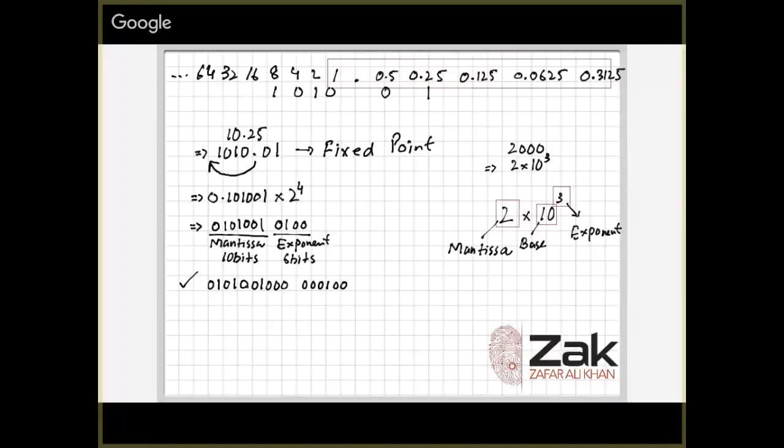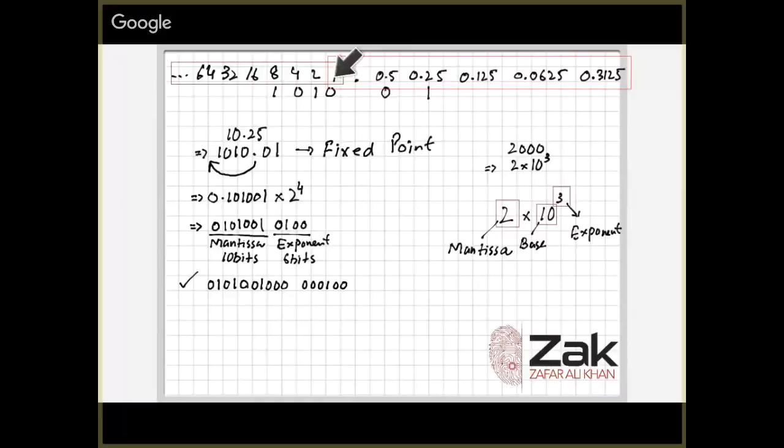On the contrary, if we take the exponent, it is growing from right to left. So whatever the most significant bit is, that will become negative. So this is our exponent, this is our Mantissa.